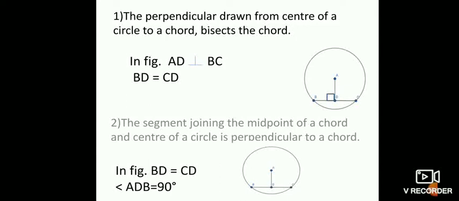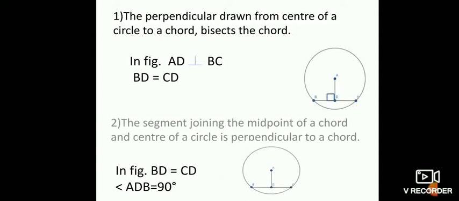In the figure, segment AD is perpendicular to chord BC, and therefore segment AD divides chord BC into two equal parts, that is BD and CD. Therefore, segment BD is equal to segment CD.